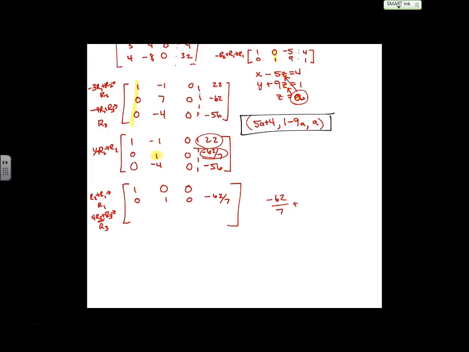Negative 62 sevenths plus 22, we need to multiply by 7 over 7. Should be 154, right? 154 minus 62 is 92.